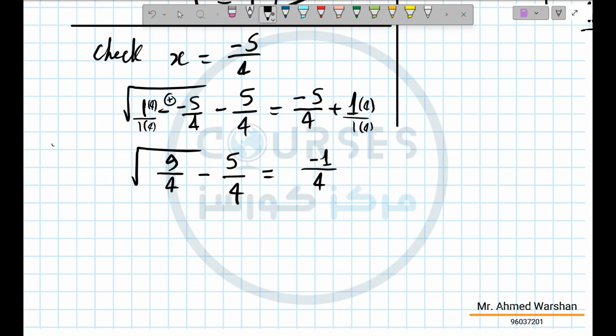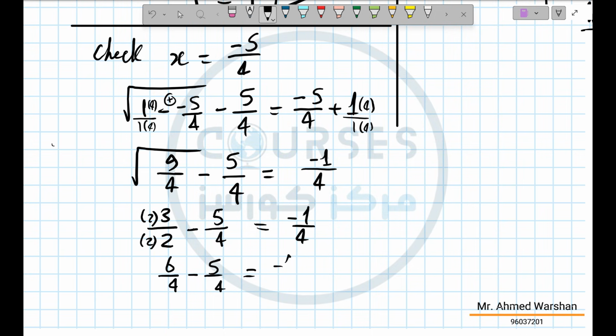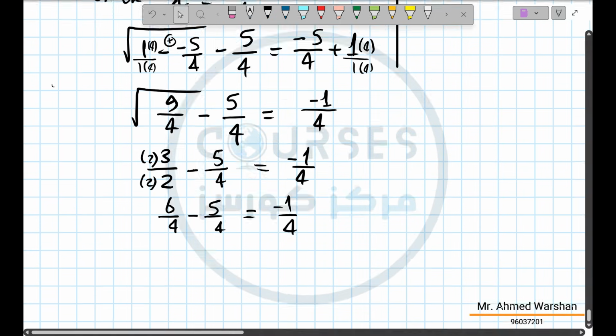The left side. Square root of 9 is 3, square root of 4 is 2, minus 5 over 4. This is supposed to be equal to negative 1 over 4. Now you need to multiply by 2 up and down. So that's going to be 6 over 4 minus 5 over 4. This is supposed to be equal to negative 1 over 4.